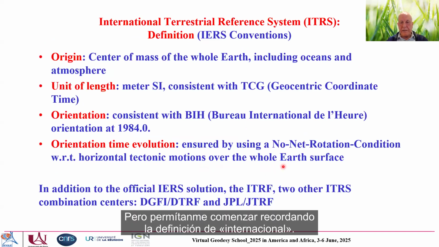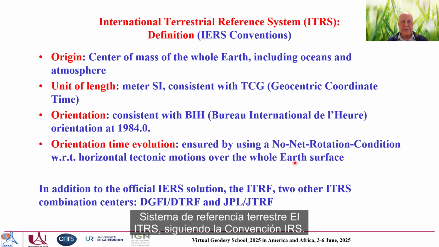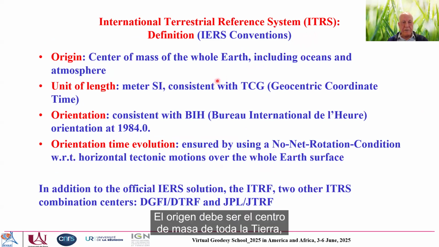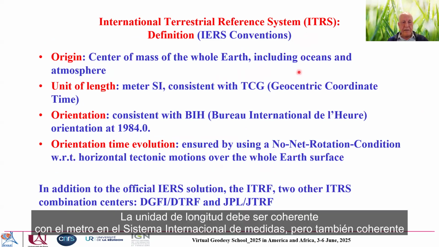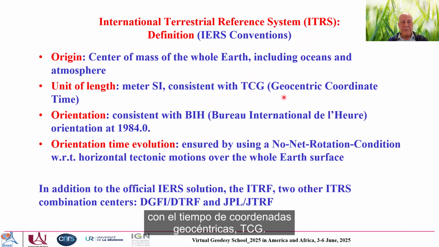But let me start by recalling the definition of the International Terrestrial Reference System, the ITRS, following the IERS Convention. The origin should be the center of mass of the whole Earth, including oceans and atmosphere. The unit of length should be consistent with the meter SI, but also consistent with the geocentric coordinate time TCG.